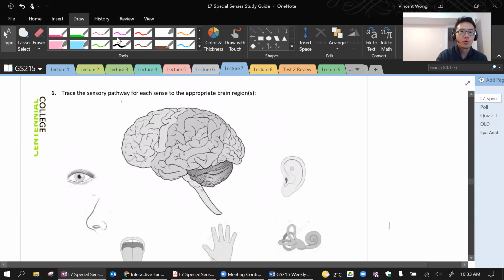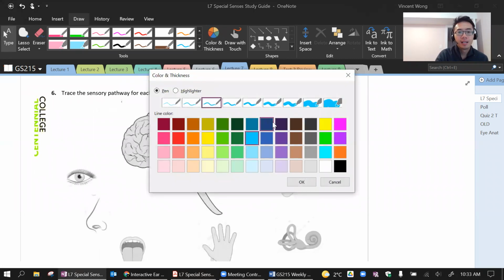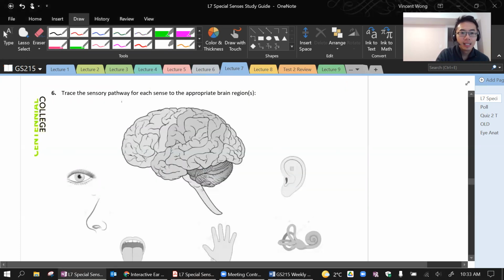Okay, so just to reorient yourself, just to help you remember what's going on. This here, what lobe is this? That is the frontal lobe.